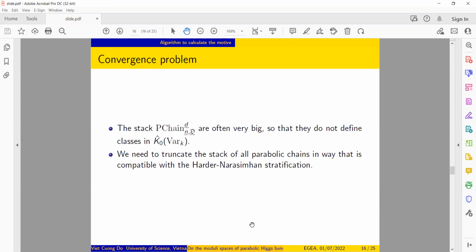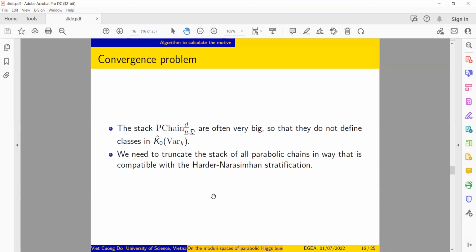But we have some problem in this approach. You want to take the total space, but this total stack is very big, and we cannot define any class in our ring for this moduli stack.